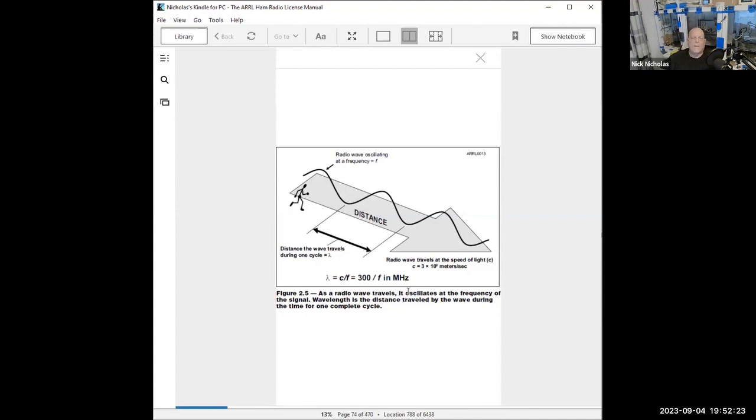If you want to know the wavelength, you take the speed of light and divide it by the frequency.